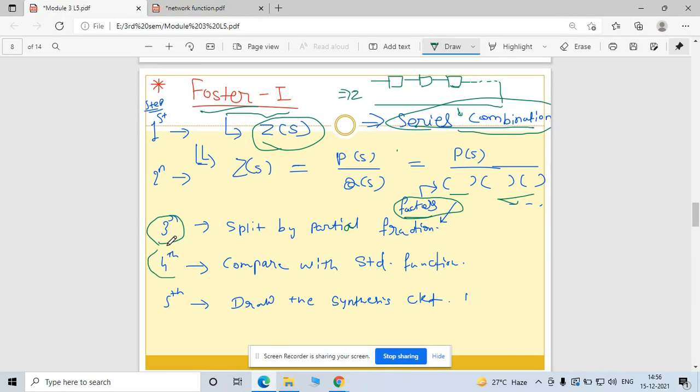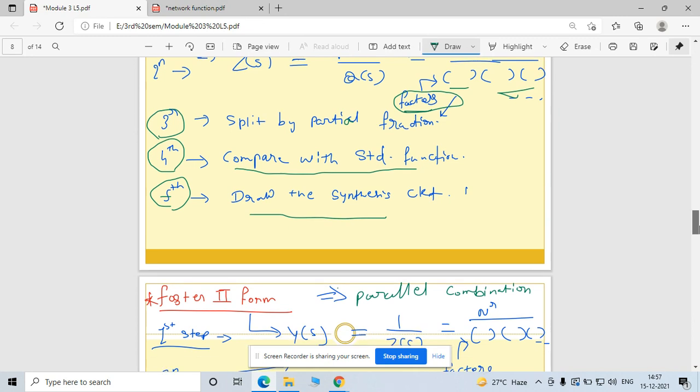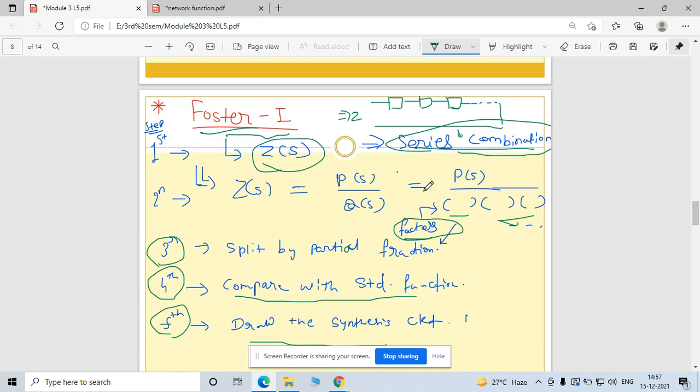Fourth is to compare with the standard function. There are certain standard functions which you can compare with and comment on what the element is, what the value of that element is, and what the function represents. And fifth, you have to synthesize your circuit. It means you have to draw your synthesized circuit, right? And this is the Foster 1 format.